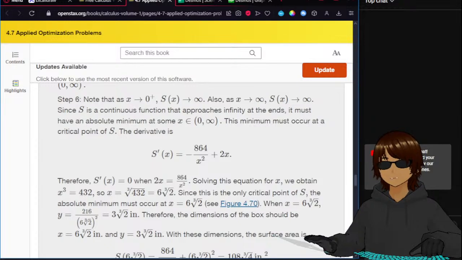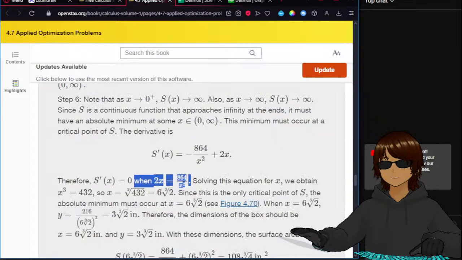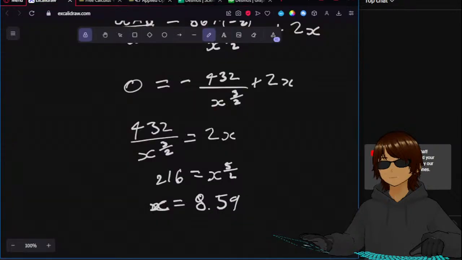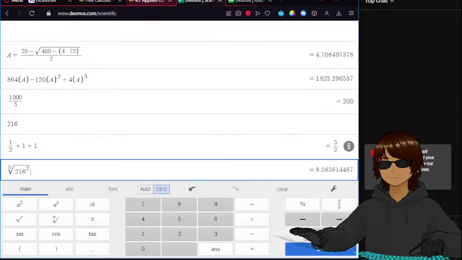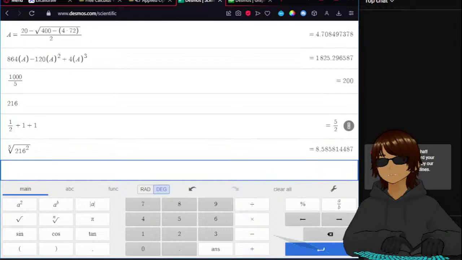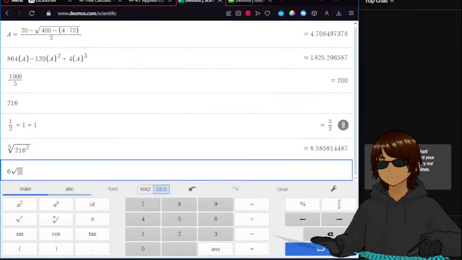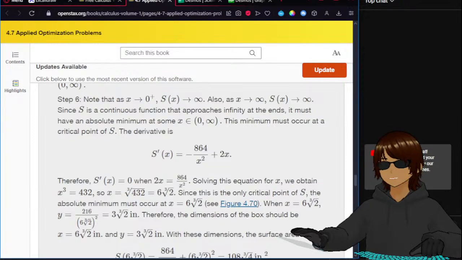Okay, I got this. 2x is. Wait, hold on. No, I did not get this. What is 6 times cube? Did I get this right? I made a mistake somewhere.